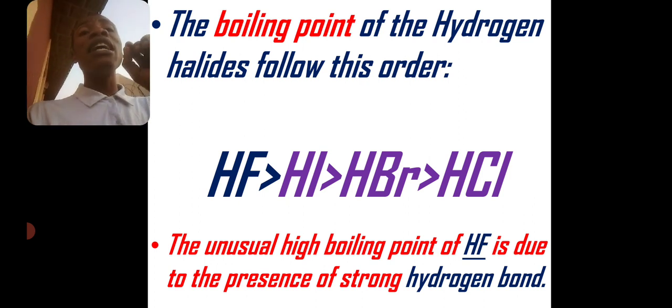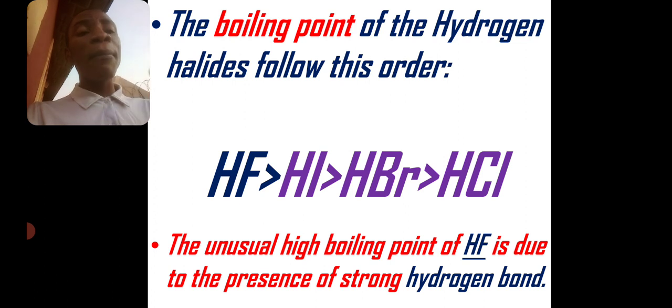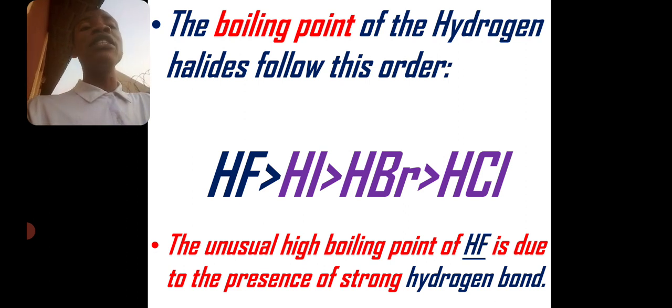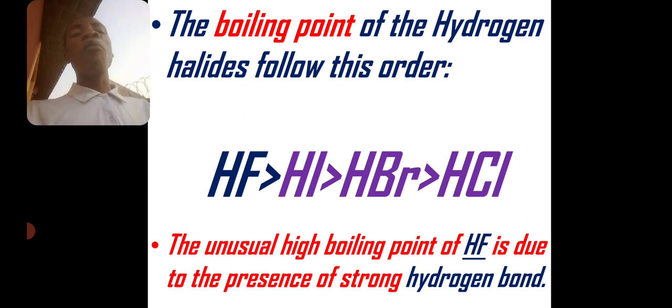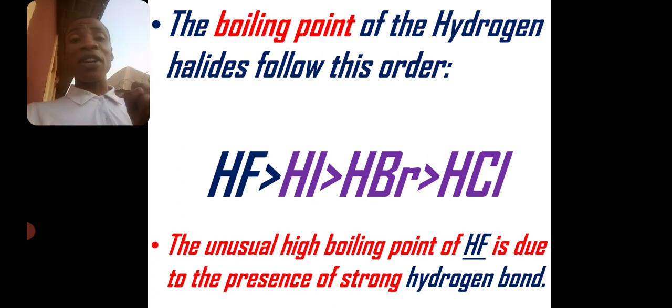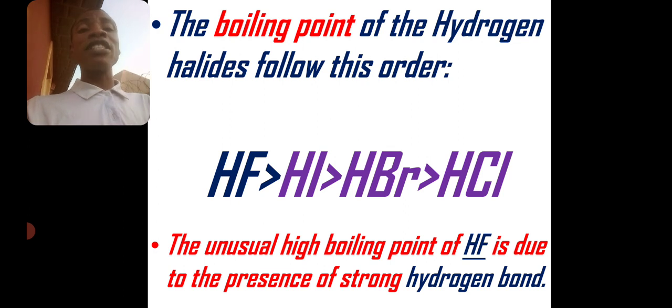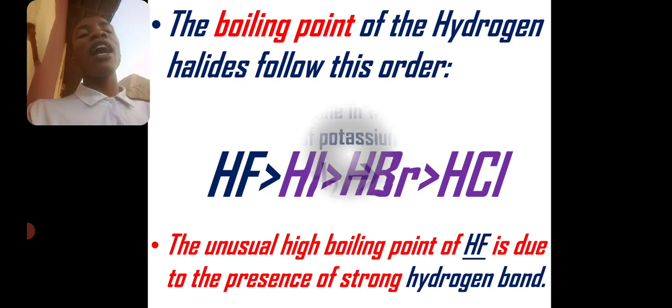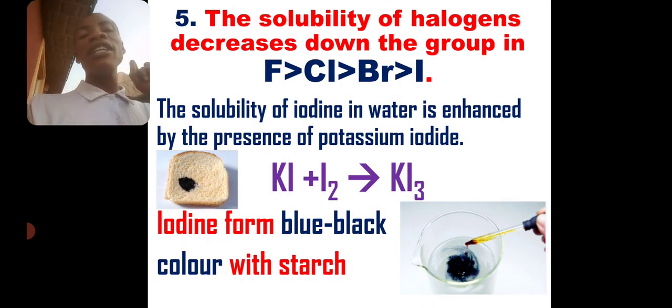They all contain van der Waals force, and HI has the highest molecular mass, next to HBr, next to HCl. That's why the remaining trend follows the regular order in terms of boiling point. But hydrogen fluoride is separate because it does not have van der Waals force. Instead, it has hydrogen bonding. That is why hydrogen fluoride has an unusually high boiling point.